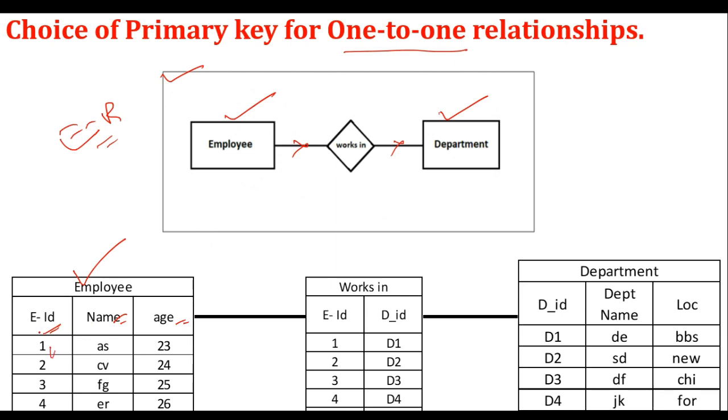These are the values associated with employee ID, these are the values associated with name, and this is the age value. Next comes the department entity set, where we have three attributes: department ID, department name, and LOC, and these are the different values we have for these attributes.